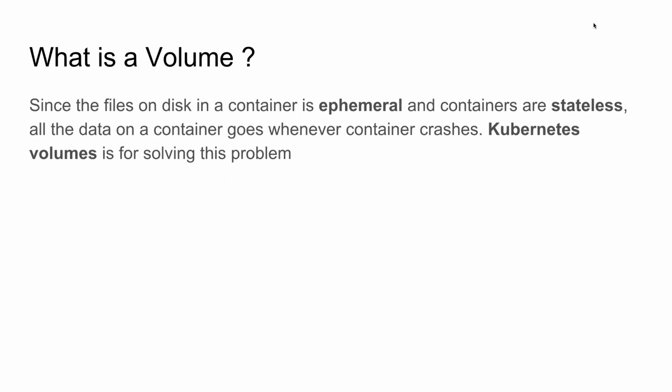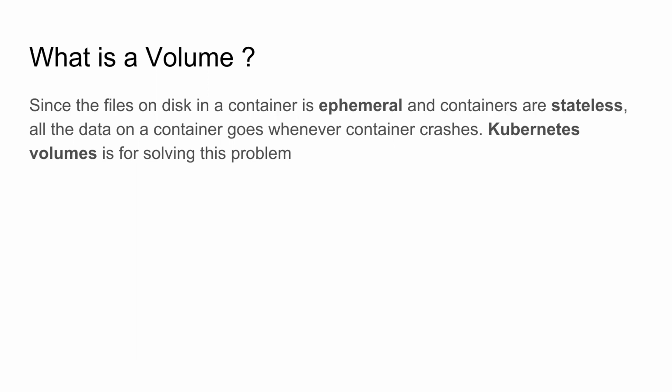So if you ever used any kind of containerization technology before, and then if you apply these principles into some kind of container orchestration environment, most probably you know what a volume is already. As you may already know, Docker containers are stateless.